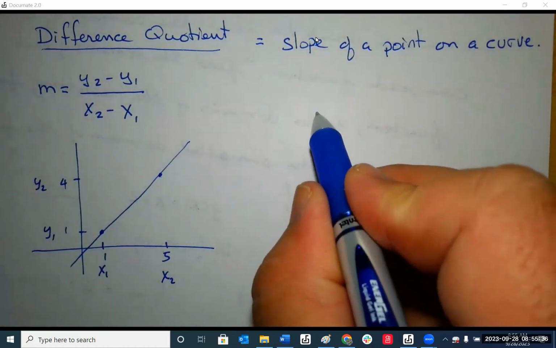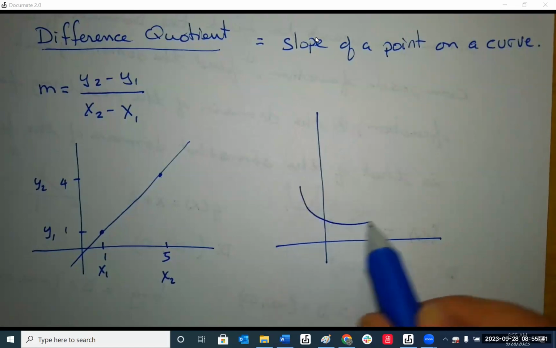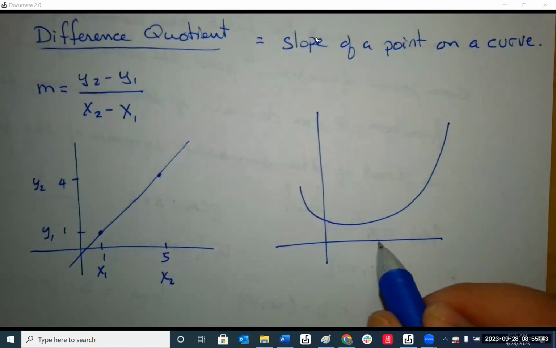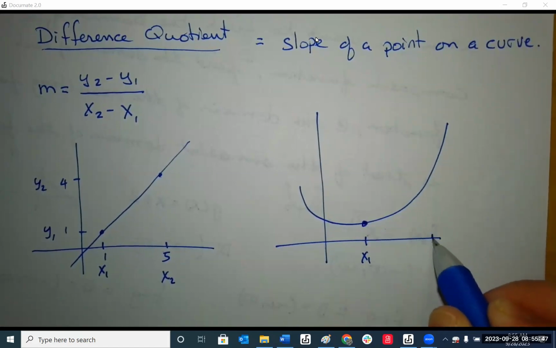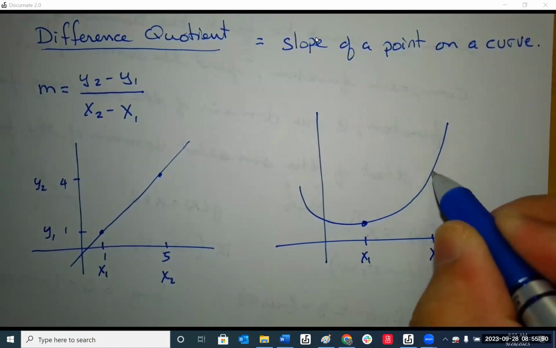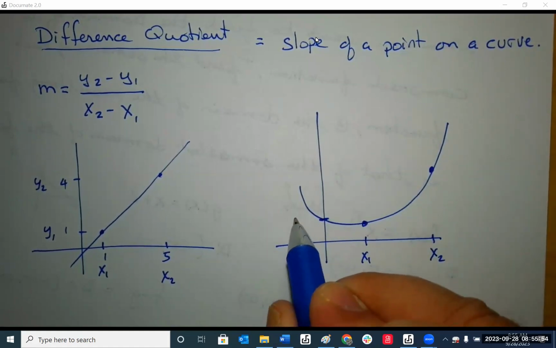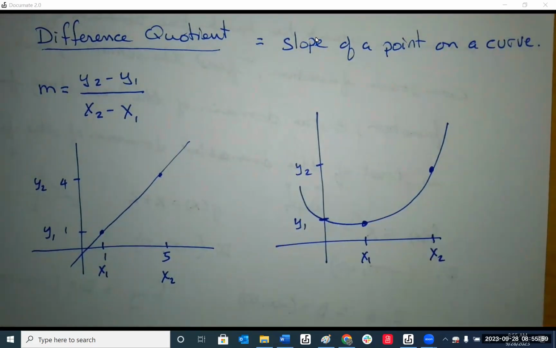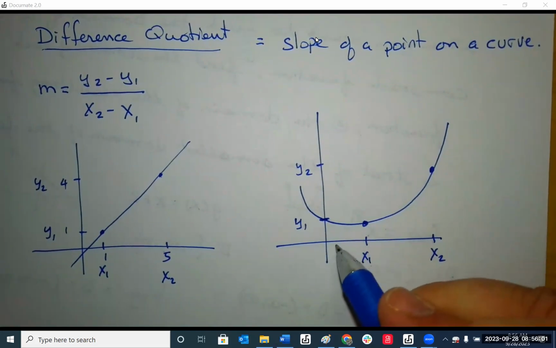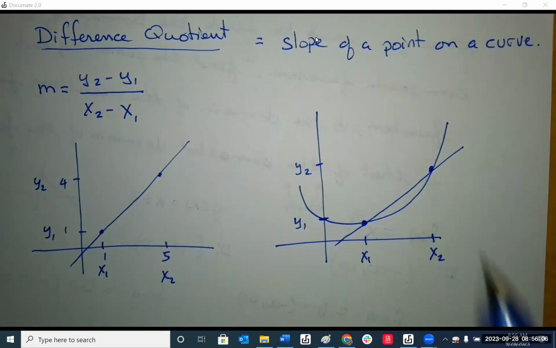But this wouldn't work on a curve. Does that slope tell me the slope of that curve?